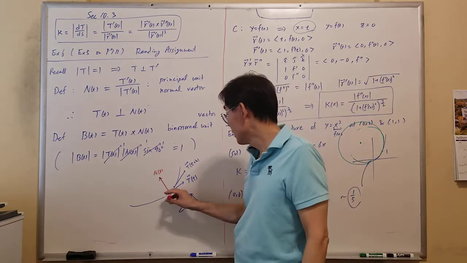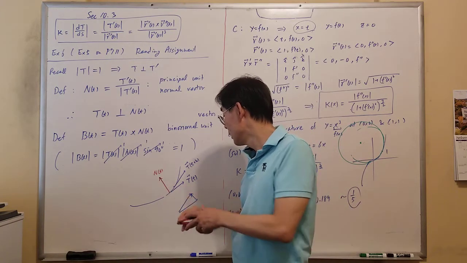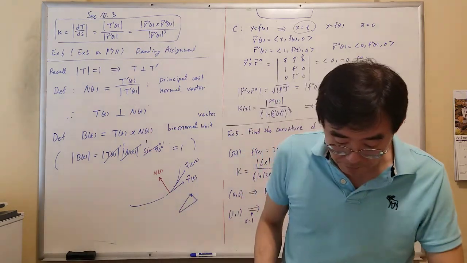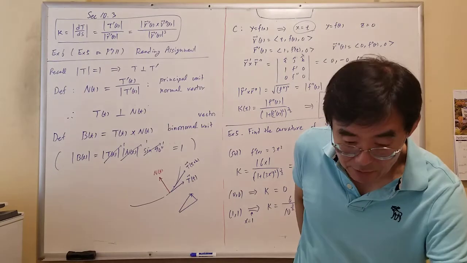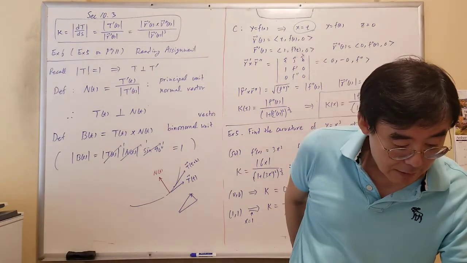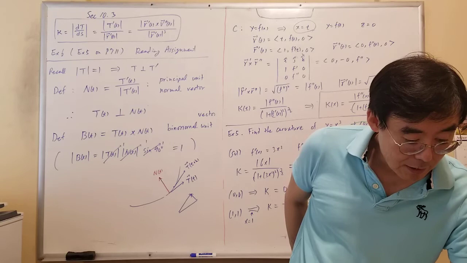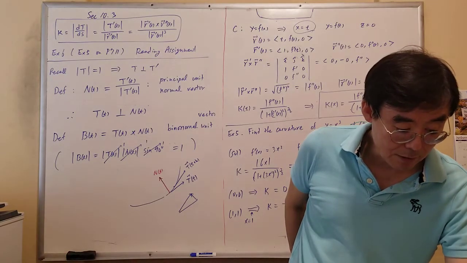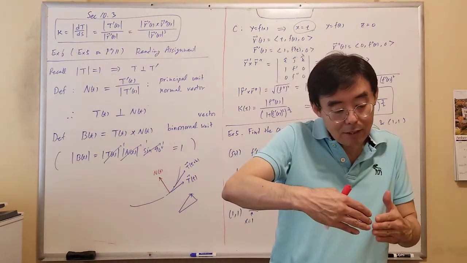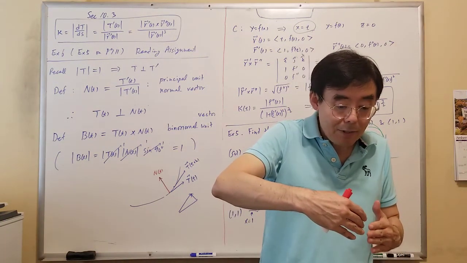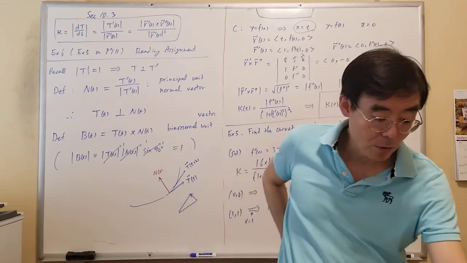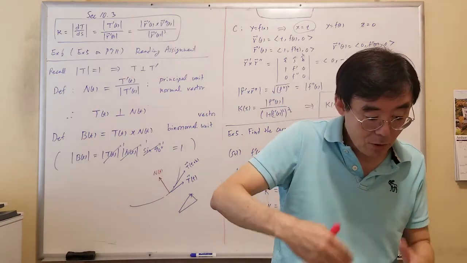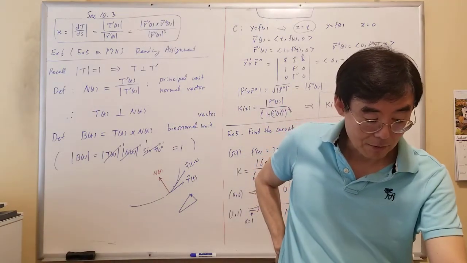And then your binormal unit vector follows the right-hand rule, going this way. As you can see in figure 6, page 712, they gave you some examples. You see T in the direction you're going, the unit tangent vector. The curve is slightly curving in a southeastern direction. That's why your principal unit normal vector N is pointing toward the southeastern direction.